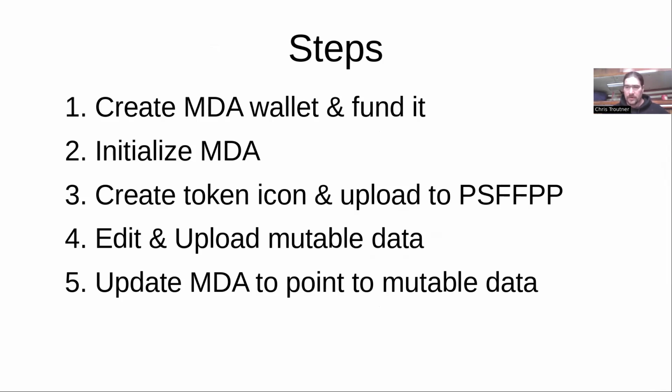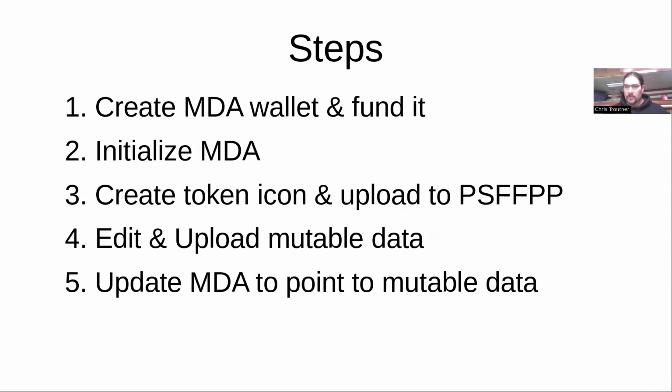So step one, we're going to create this mutable data address. Step two, we'll initialize it. That's a transaction on the blockchain. Step three, we're going to create the token icon and upload it to the IPFS network. Also, we have our own file pinning protocol. It's called the psf-FPP, or the Permissionless Software Foundation File Pinning Protocol. So we'll host the data on that network.